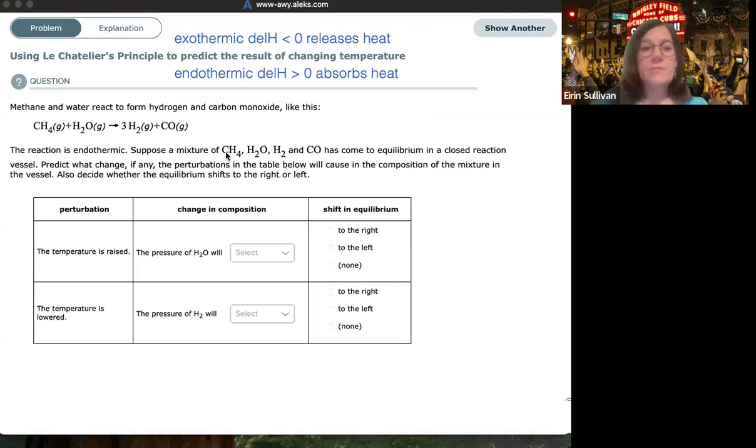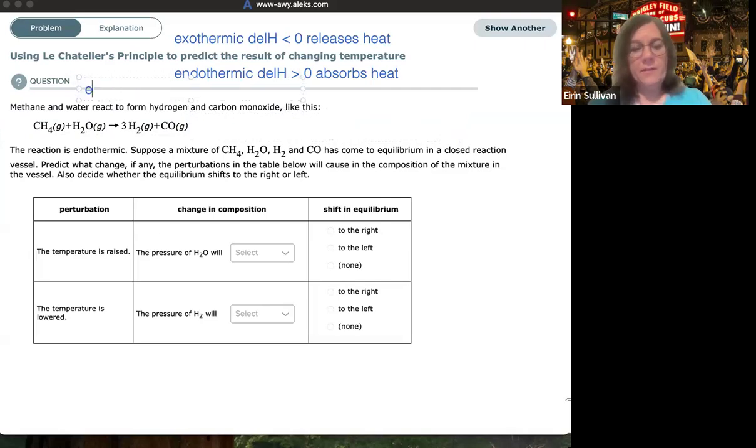So what I tend to recommend is treating heat like a reactant or product, and then you can treat it like a concentration stress problem. So if a reaction is endothermic, you can add heat as a reactant because your reaction will be absorbing heat. Okay, so it needs the heat to proceed. And if your reaction is an exothermic reaction, it's releasing heat, so you can put heat as a product.